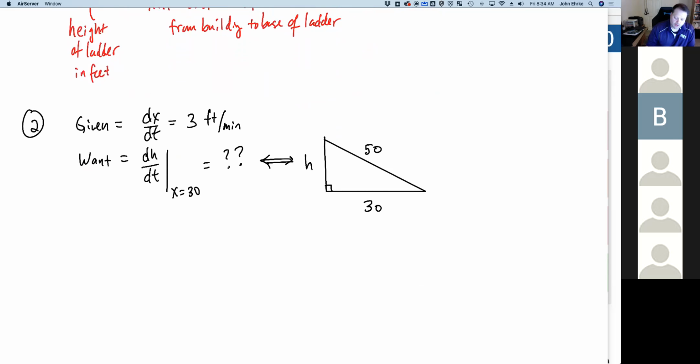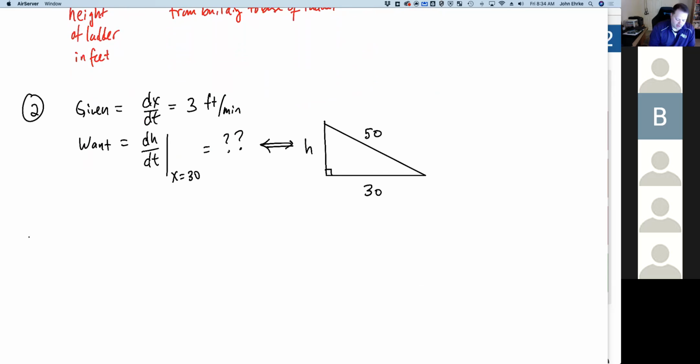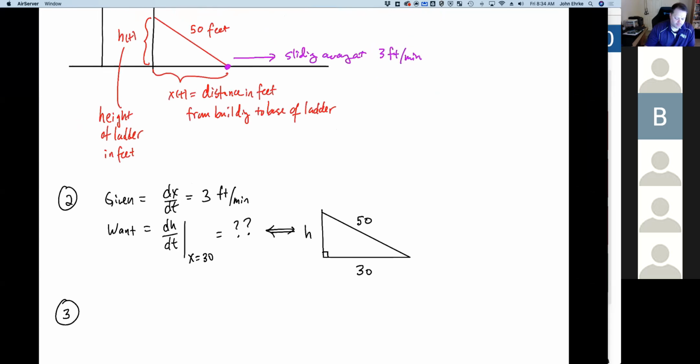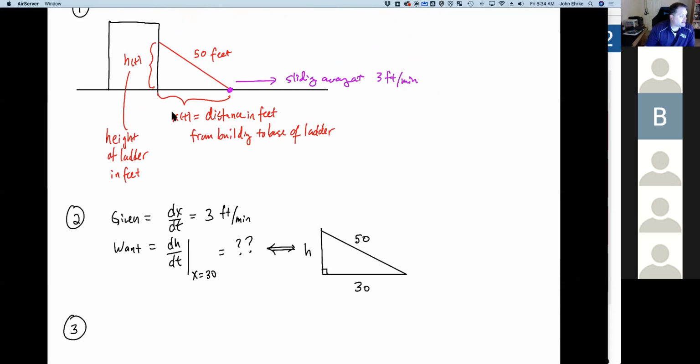So eventually this is the triangle I'm going to solve for. All right, step 3, find an equation that relates the two variables. The two variables here are x and h. Going back to our picture, how can we relate x, the base of the triangle, with the height of the triangle? What's a mathematical formula which will give me x and h in the same equation?